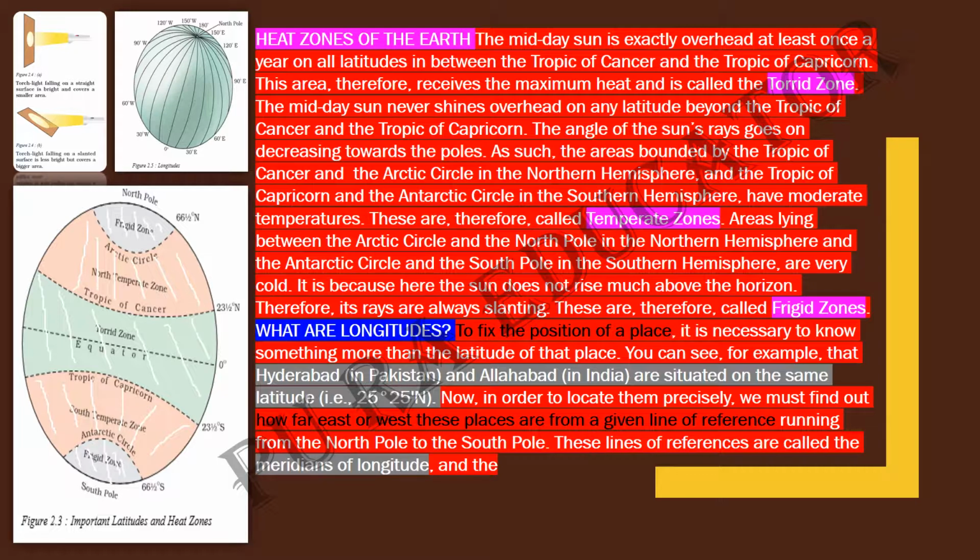Okay friends. Now the lines of reference are called meridians of longitude. As we draw parallels of latitude, in longitudes we mention them as meridians of longitude. Okay friends, now we'll see other important points in the upcoming slides.